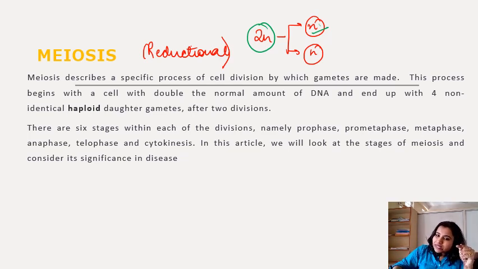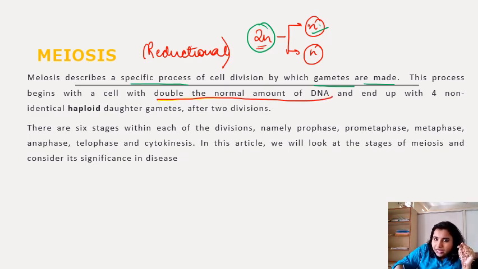Meiosis is a process which basically takes place during gametogenesis, right? So we can say that meiosis describes a specific process of cell division by which gametes are made. To maintain the chromosome number, this process begins with a cell with double the amount of DNA.